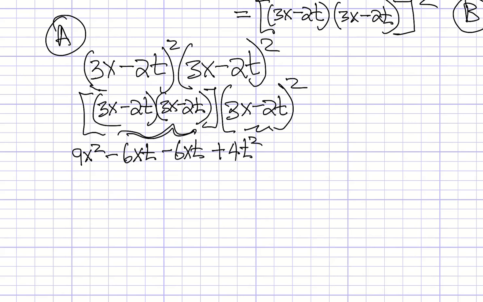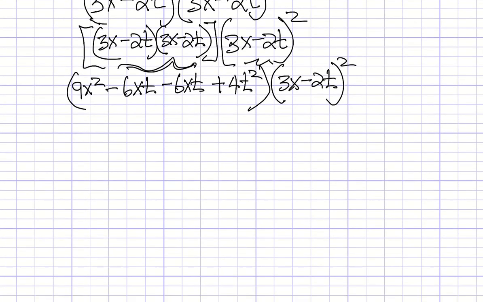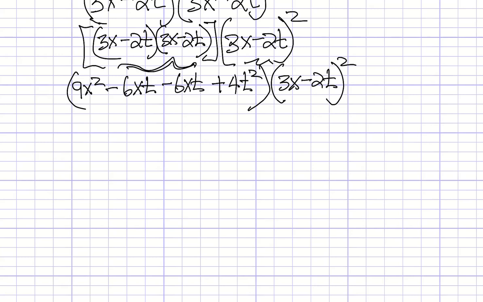Don't forget there is something that we left outside. So we simplify this one: 9x raised to the power 2, negative 12xt, plus 4t squared.